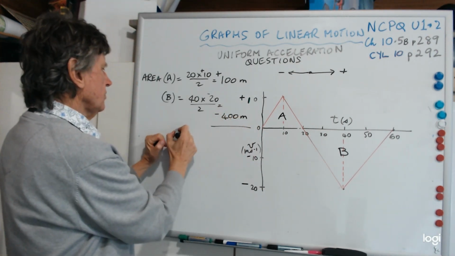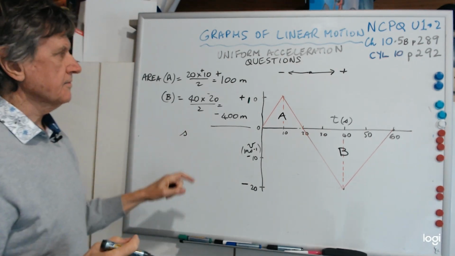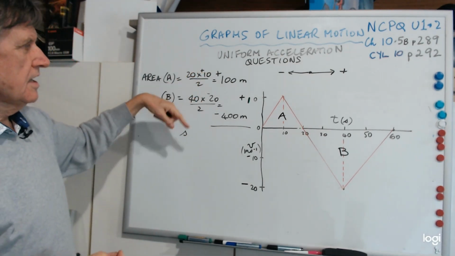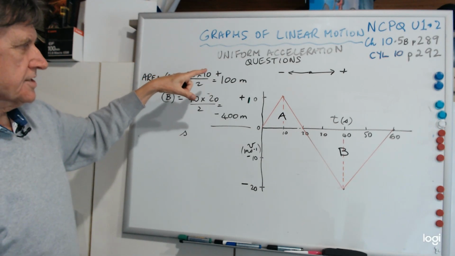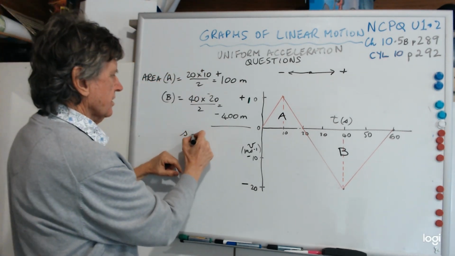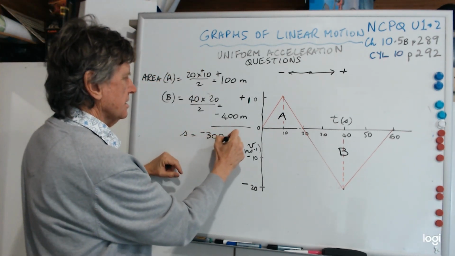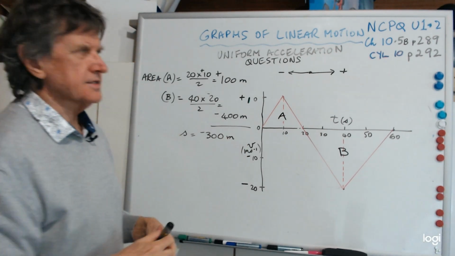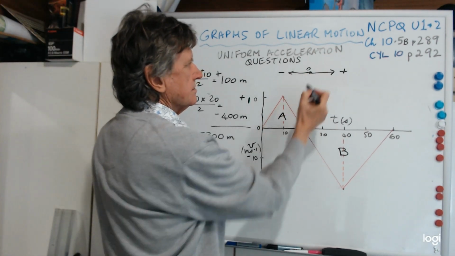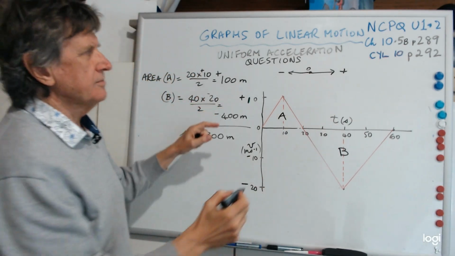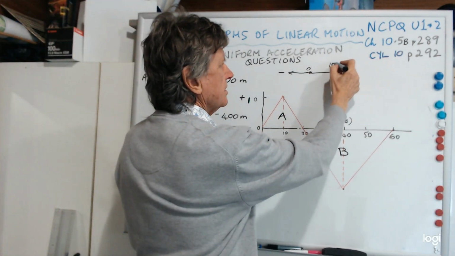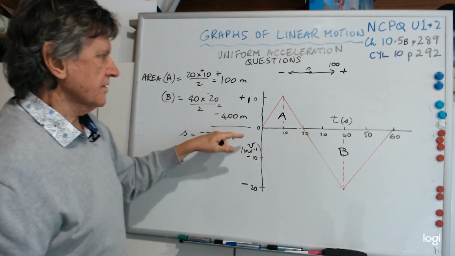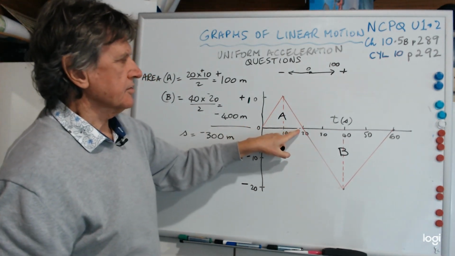Now if you work out the total of that, it just comes to negative 300 metres. So the question is, what does that mean? All it means is that it started here at 0, went 100 metres in this direction, until it came to rest.